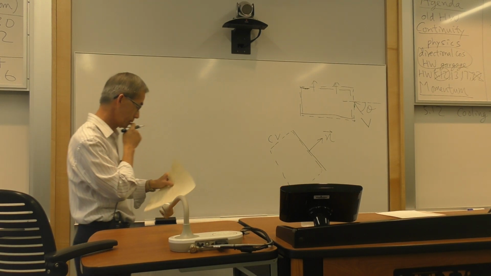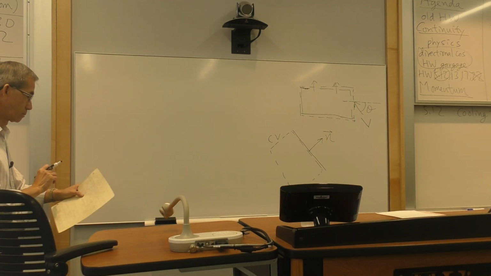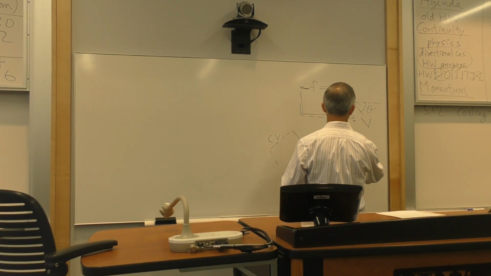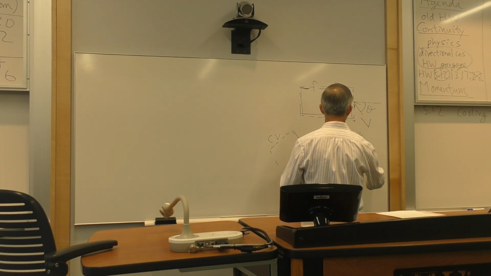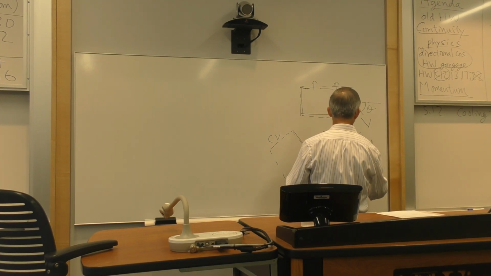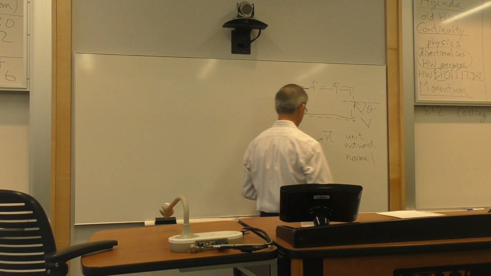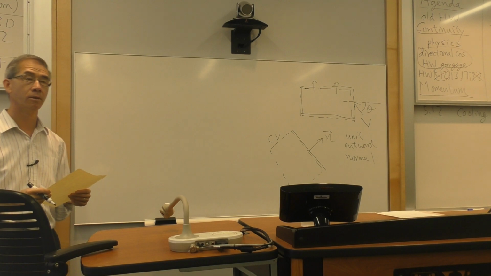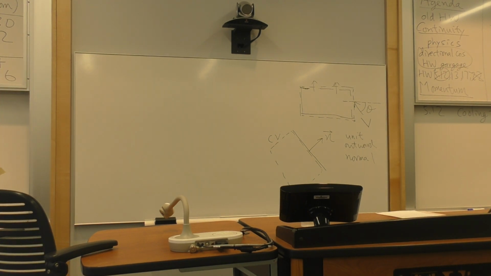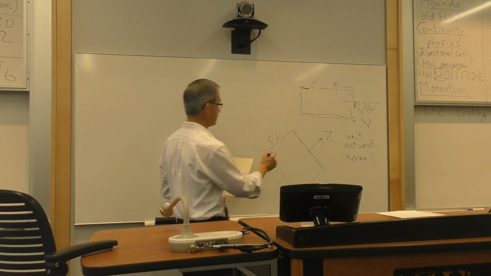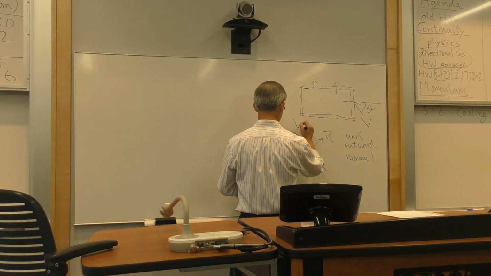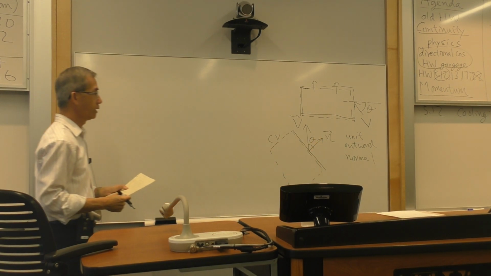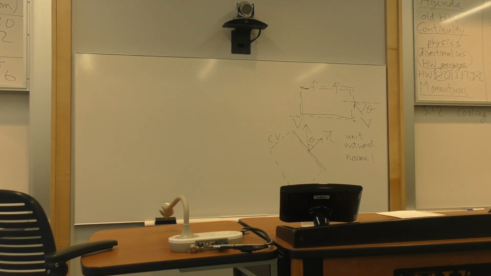It's what I call the unit outward normal. So when I have a control volume, that normal is always pointing away, outward from my control volume. And when I have a velocity, which is a vector, V, the angle between the velocity and that outward normal is what I call theta.